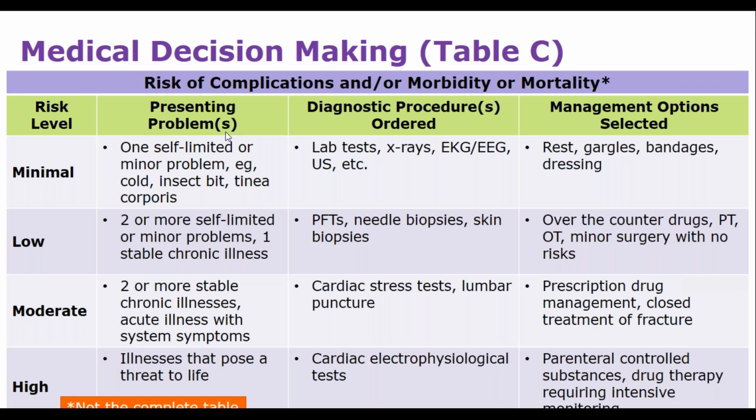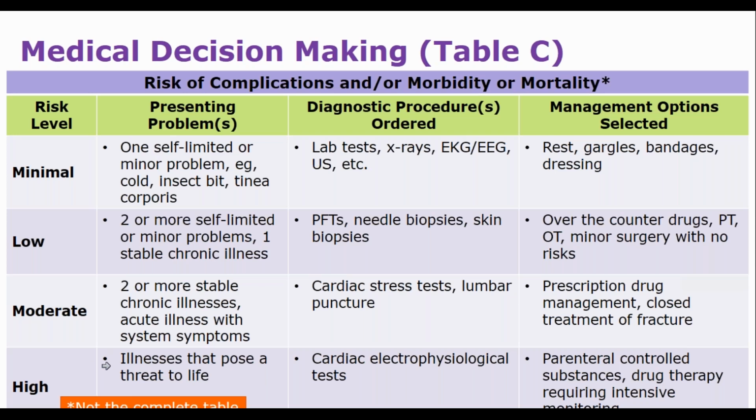So here I'll just point out a couple things in the moderate and high categories. It's going to be 2 or more stable chronic illnesses. So maybe that's a reason why the patient was admitted to the hospital, and that's what they're dealing with now. Acute illness with systemic symptoms. Could be some kind of prescription drug management. That would be pretty common coming out of the hospital.